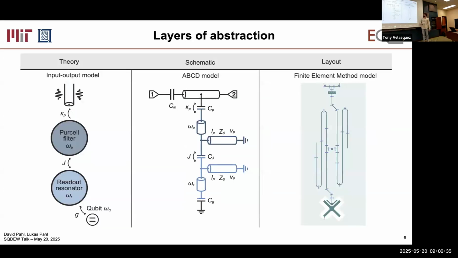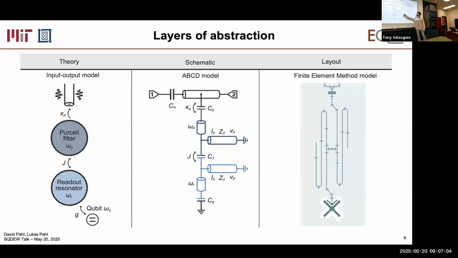And so the guiding theme of my talk is this schematic layer that mediates between the actual layout of the device and what it's supposed to be doing, which I abstractly call here an input-output model. Or abstractly, if we think about our device, what the speakers have been highlighting, a quantum device really is just a lot of modes that are coupled together, right?